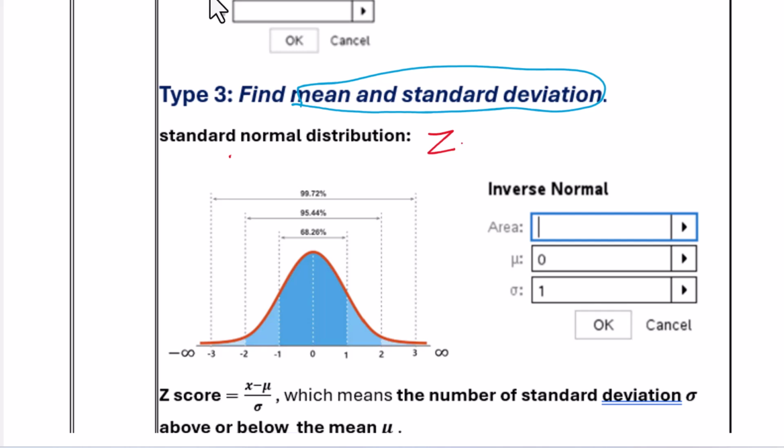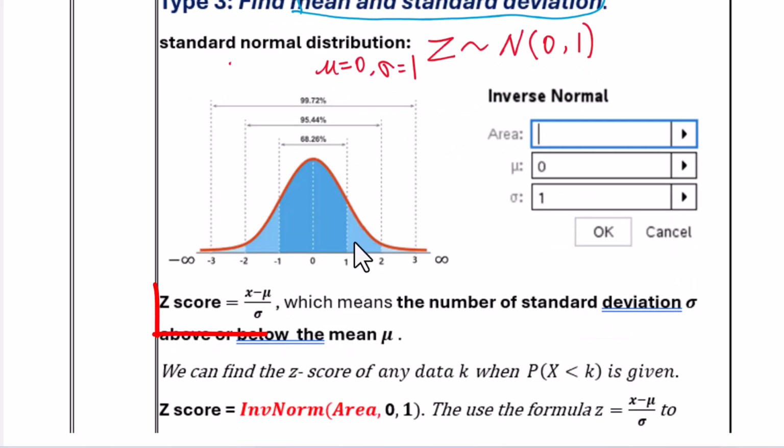Z follows normal distribution with 0 and 1, which means mu equals 0, sigma equals 1. Here is the transformation from x to z. X minus mu over sigma equals z.